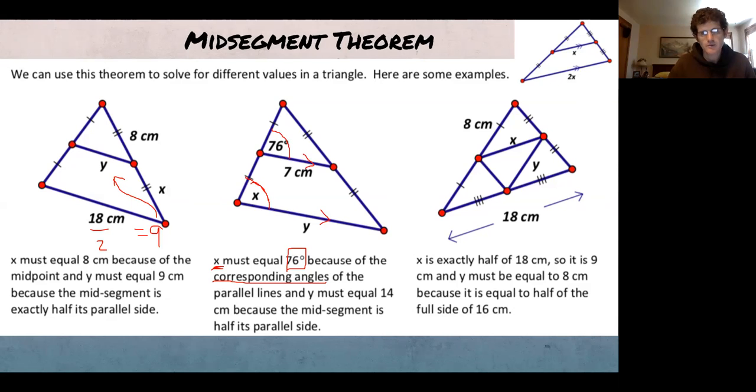It's a relatively straightforward idea if you remember corresponding angles and that these are parallel lines. Y has to equal 14 because if the mid-segment is 7, I multiply it by 2, which gives me 14. The calculations here aren't too difficult for the most part, though they can get more challenging, and we're going to see that more on Monday.